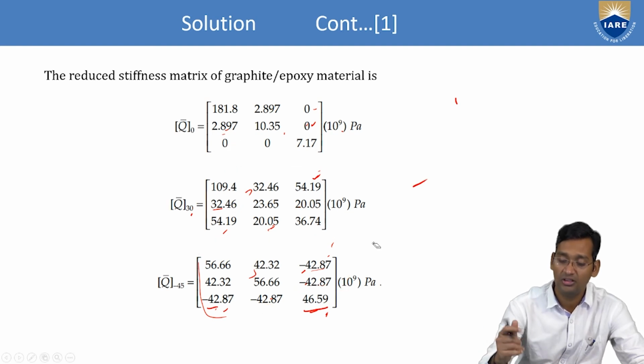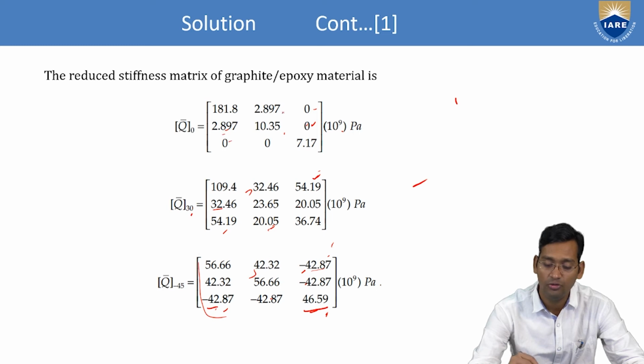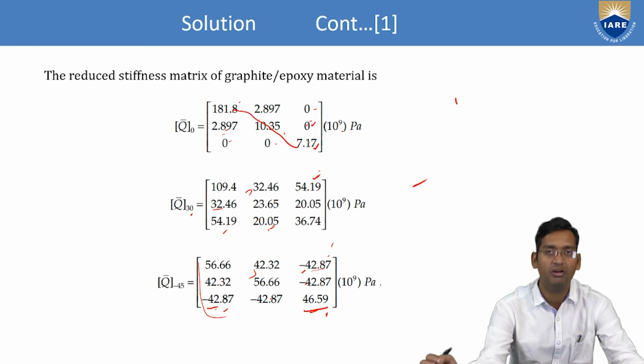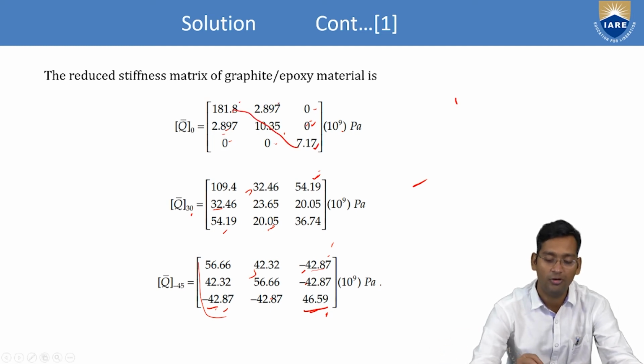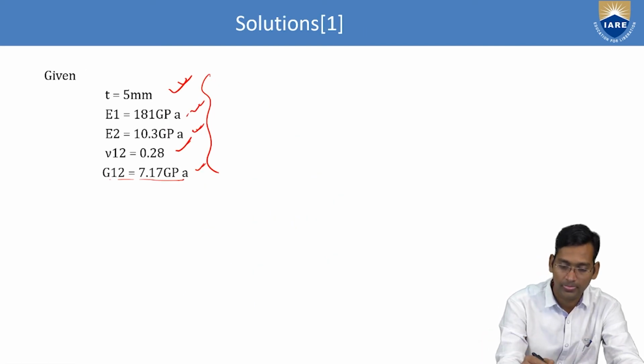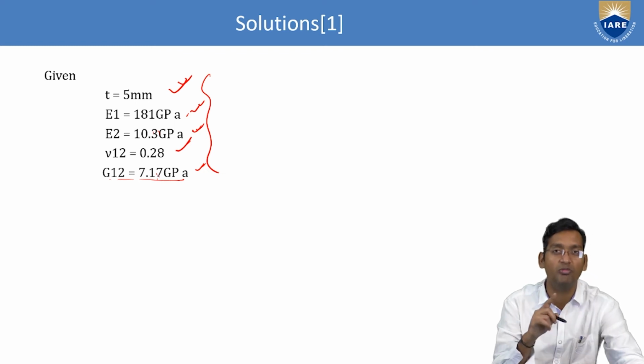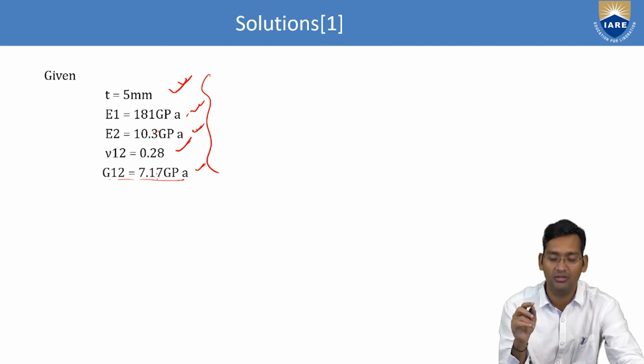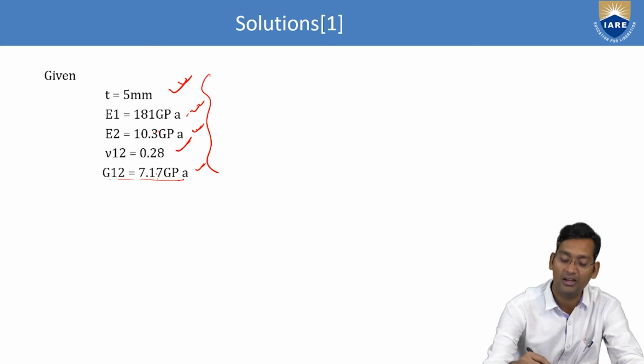In the first case, we can see on the diagonal, these 2 will be 0 and these 2 will be 0. 181.8 is given, and this is also given, so the diagonal elements are given. This will be 2.89. Here, if you subtract these 2, E2 minus G1, the formula is given for the isotropic case: E equals 3K into 1 minus 2 mu.